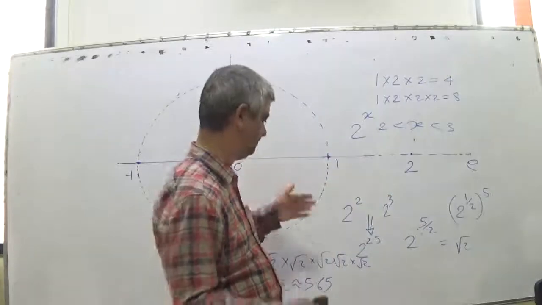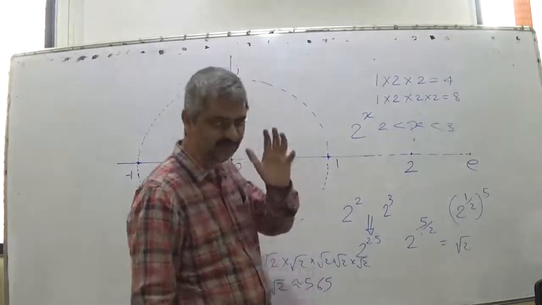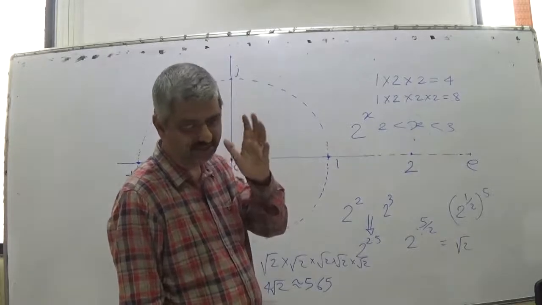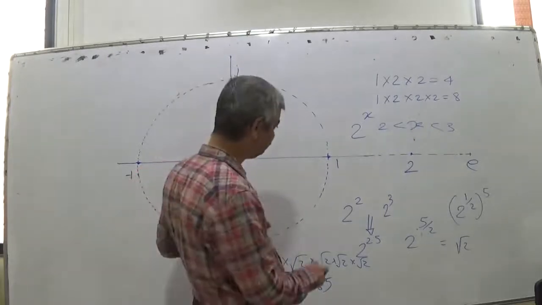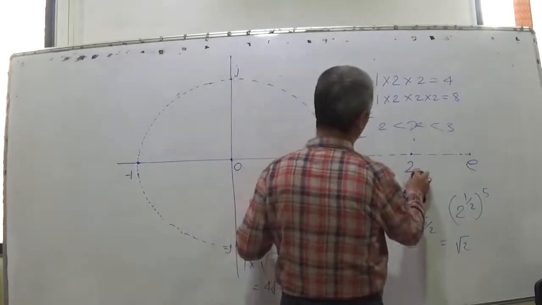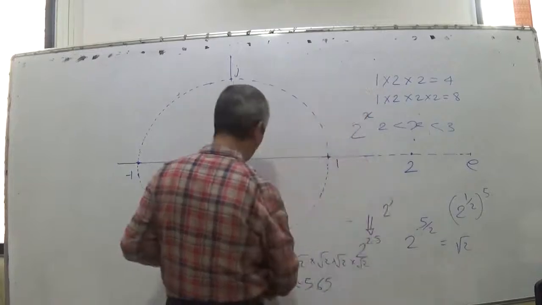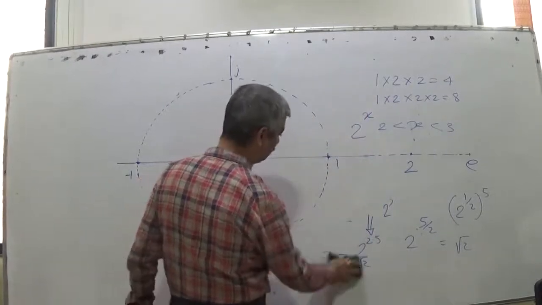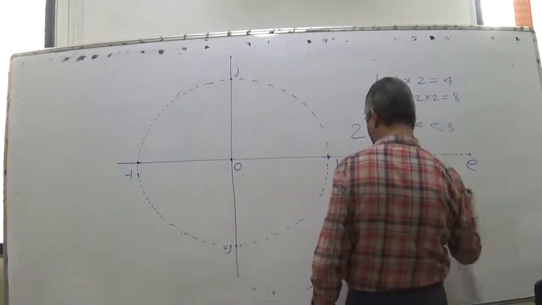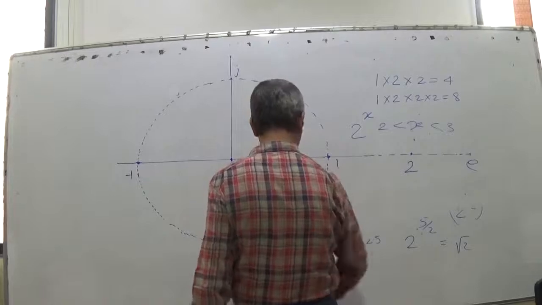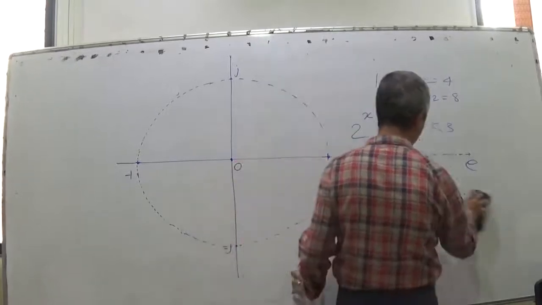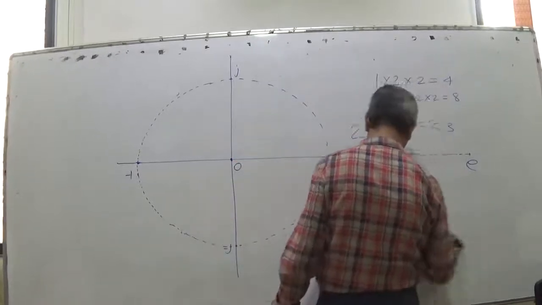So this is just very rich material for you to think. When the number is more than 1, and when you raise it by a positive number, the number grows.